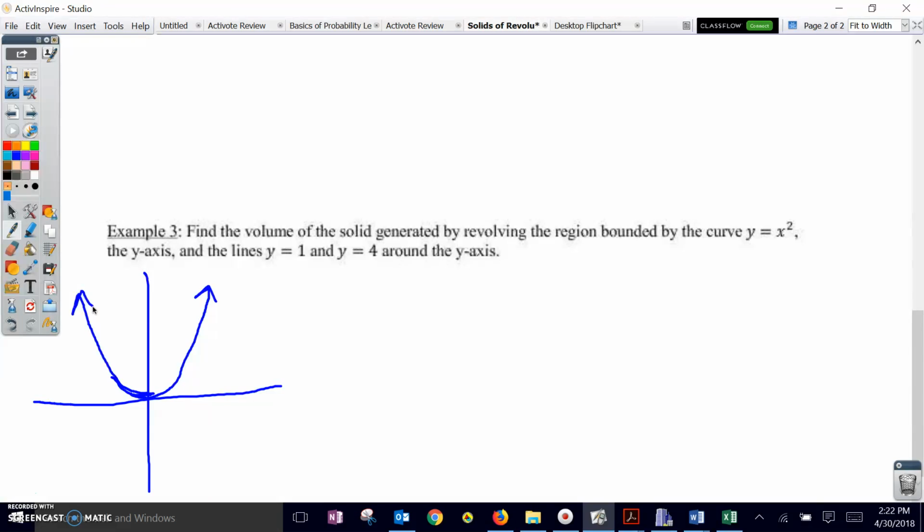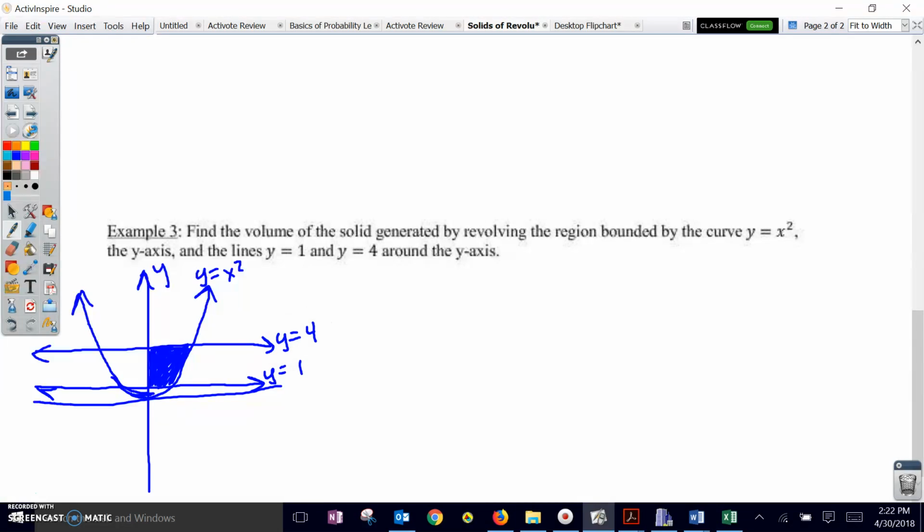And we've got the y-axis. And the lines y equals 1 and y equals 4. And so we're taking this region in here. And we're revolving this around the y-axis.